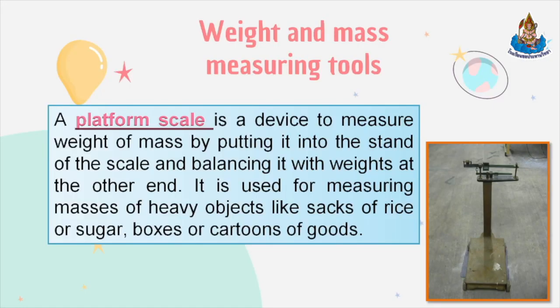So you've seen in the video that we usually use this in a grocery store, most especially if the grocery store owners buy tons or lots of boxes, or sacks of rice, so they use this one.